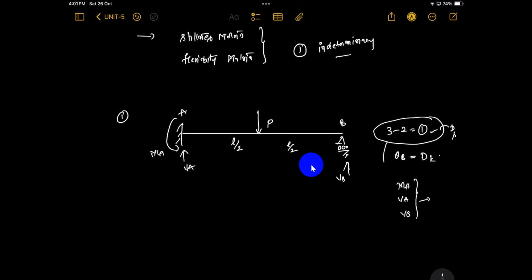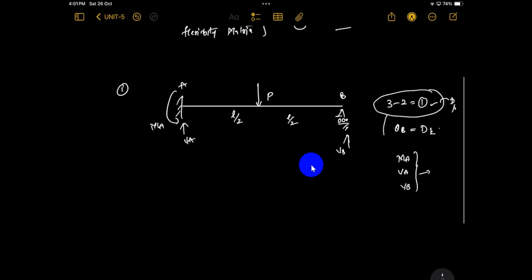So first I will solve this problem in stiffness matrix methods. What is the stiffness matrix method equation? The stiffness matrix equation is: force vector is equal to the stiffness matrix times the displacement matrix plus the fixed force vector. Fixed force vector. Are you understood?